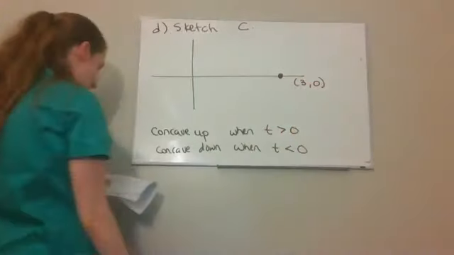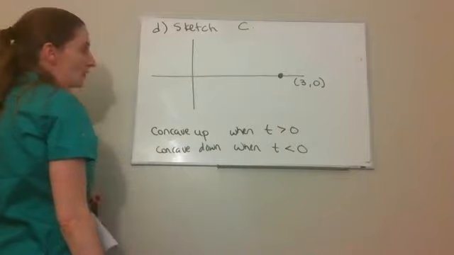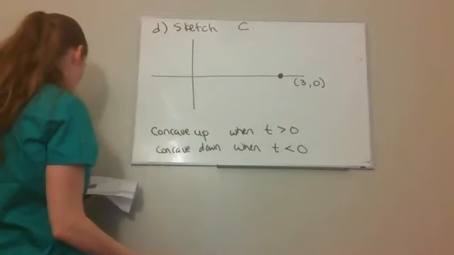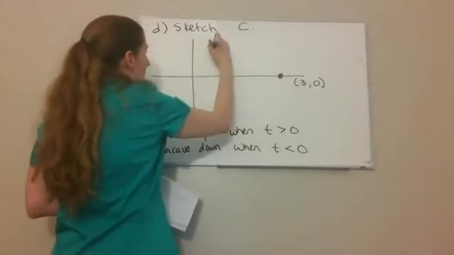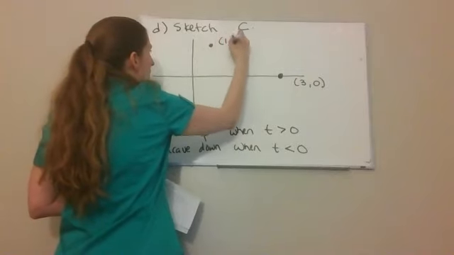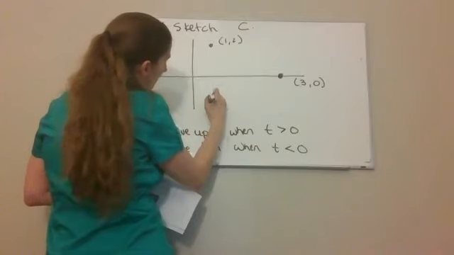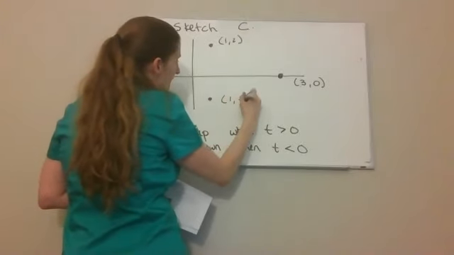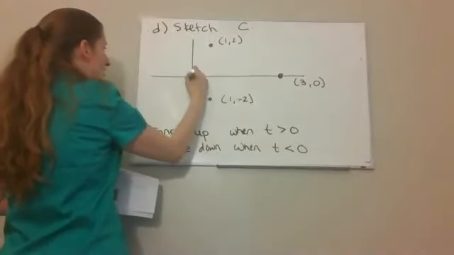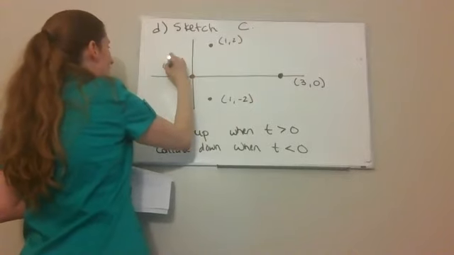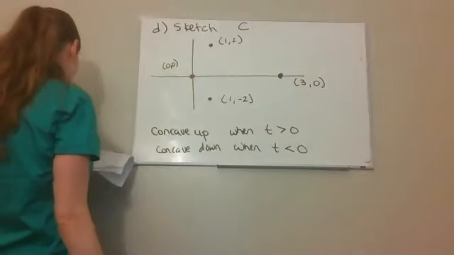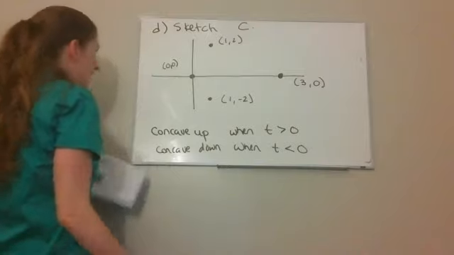I have 2 different tangent lines there, and they go in opposite directions because their slopes were opposite. I have a point up at (1, 2), where we had a horizontal tangent line, and a point at (1, -2), where I have a horizontal tangent line, and I have a point over here at (0, 0), where I have a vertical tangent line.